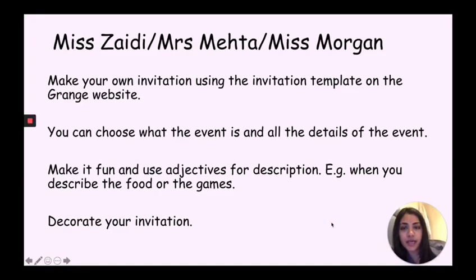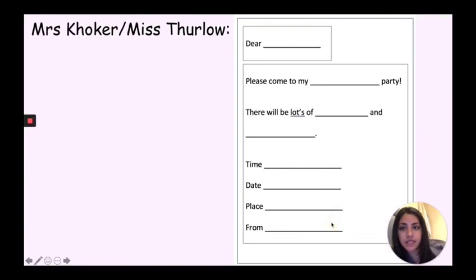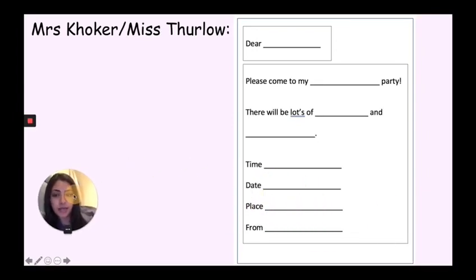Okay, and if you're in Mrs. Coca or Miss Thurlow's phonics group, I've also got this template here on the Grange website as well. It's called Invitation with Sentence Starters. So what you're going to do is you're going to read what I've written, okay, and you're going to fill in the missing gaps. So for example, dear, you can choose who you're going to write it to. Maybe it's to a friend or maybe it's to a cousin.